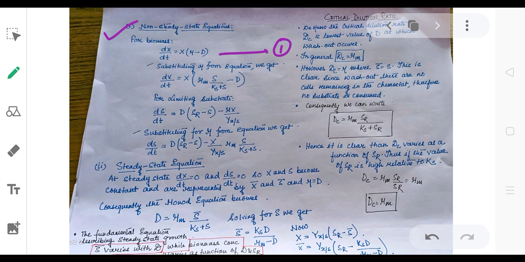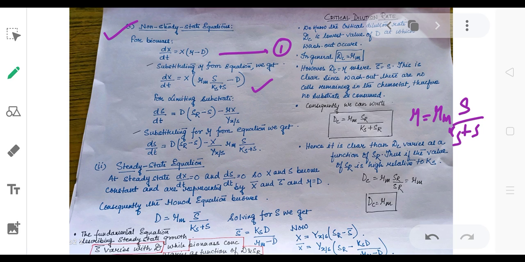Now, you have to relate Monod's equation. So just put mu is equal to mu m s by ks plus s, which you got from the previous equation. What you get? dx by dt is equal to x into mu m s by ks plus s minus d.